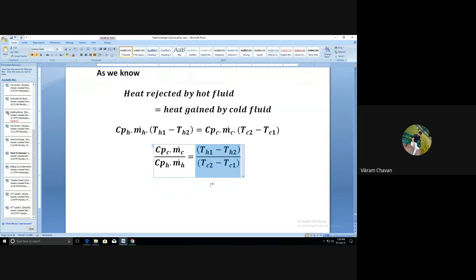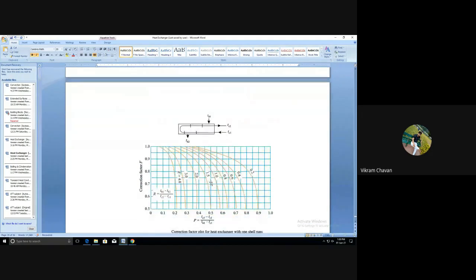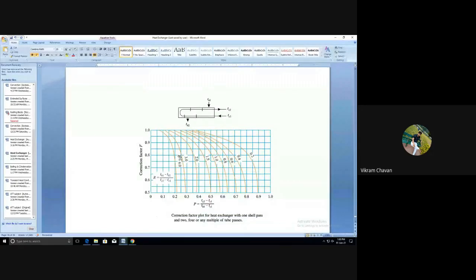So how to use this particular factor? These factors are used in such graphs. This is the graph of the correction factor for a heat exchanger with one shell pass and two or more, or any multiple, of tube passes.